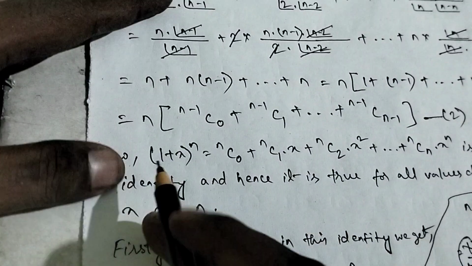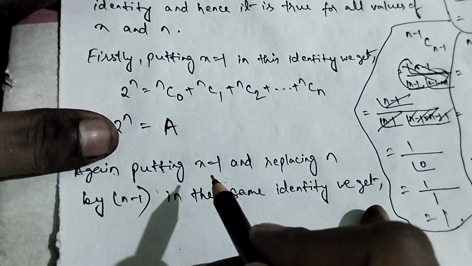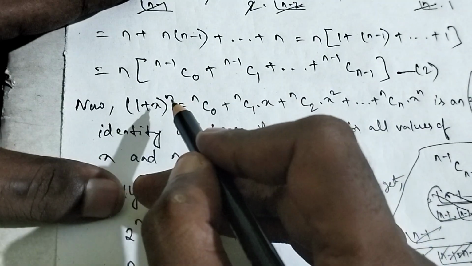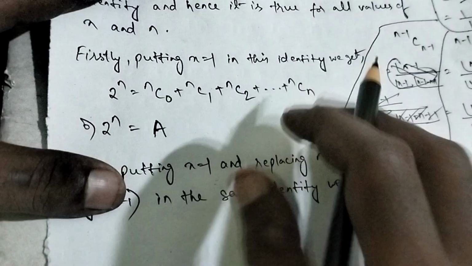So now this was the identity. Here I will put x is equal to 1 and I will replace n by n minus 1.